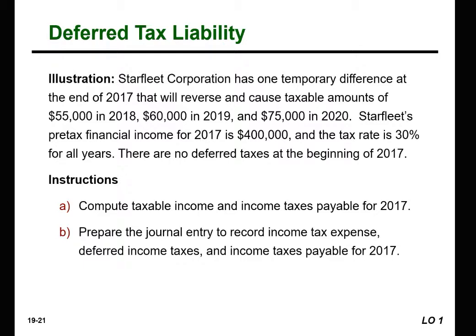There are no deferred taxes at the beginning of 2017. So first, we're going to compute the taxable income and the income tax payable for 2017. Prepare the journal entry to record the income tax expense, deferred income taxes, and income taxes payable for 2017.